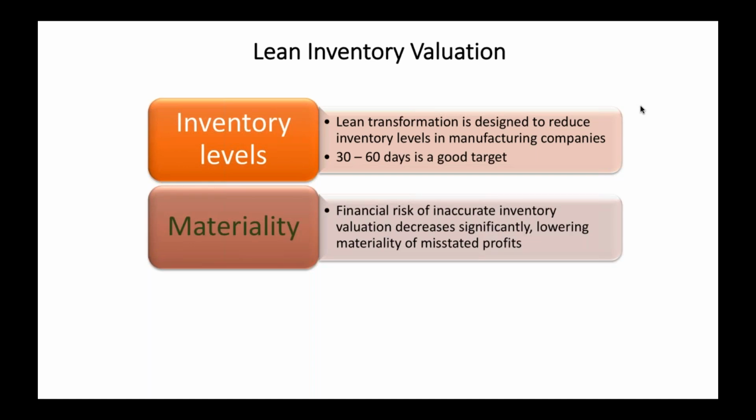When inventories are reduced into the 30 to 60 day range, the financial risk of inaccurate inventory evaluation goes down significantly. So there's less risk involved in materially misstating profits. So that's another important consideration, and it makes it easier to simplify inventory valuation.